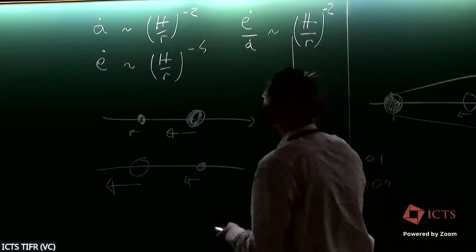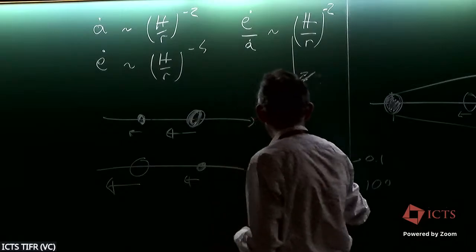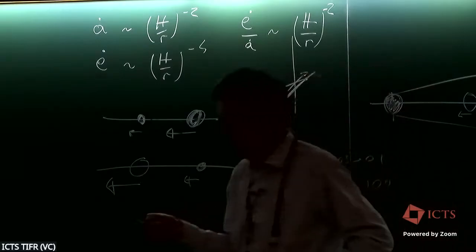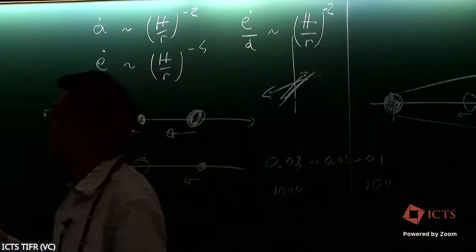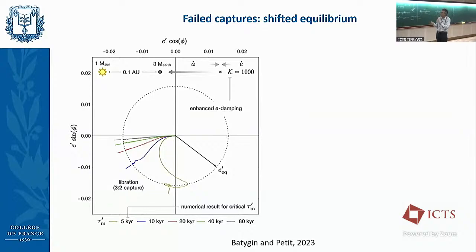And if it is 0.03, you get a ratio of 1,000. So the actual eccentricity damping compared to the semi-major axis damping is typically between 100 and 1,000. In this case, they assumed 1,000.